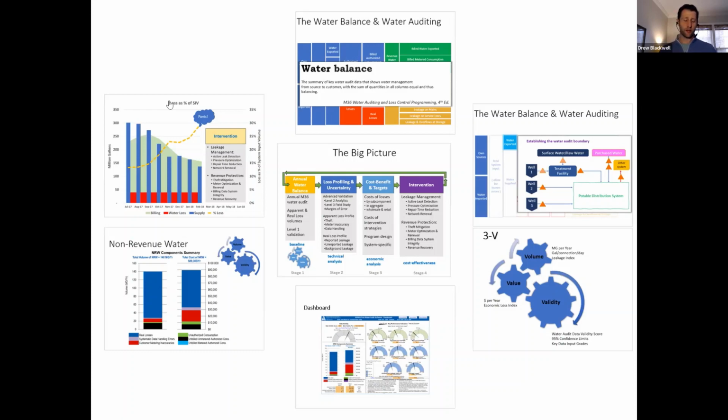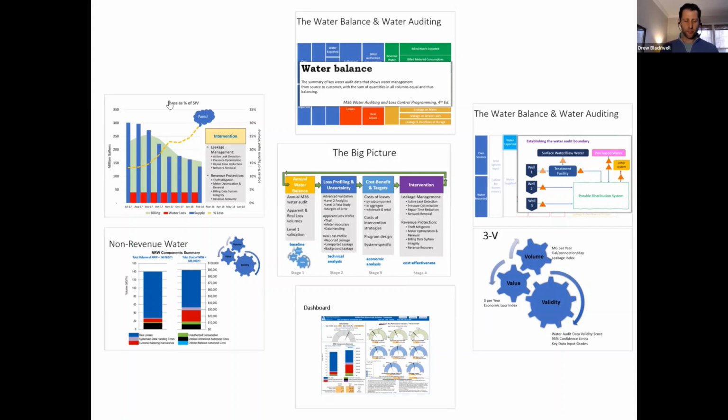We also saw that the greatest component in your losses volumetrically may not be the same component that is the largest when we're talking about how much it's costing you each year. So you may have leakage as your biggest volumetric component, but your customer metering inaccuracies may be the biggest component from a cost perspective. So it's not always a one-to-one relationship.